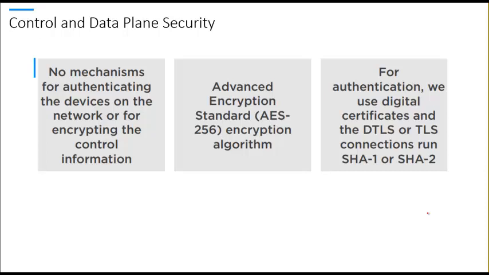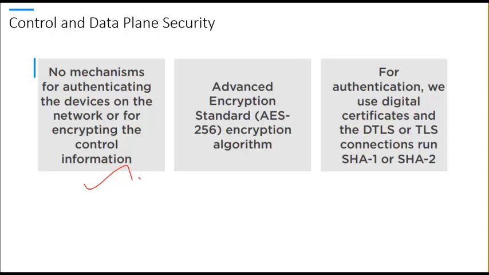I'm trying to explain this point again. In our traditional network, the control planes are handled by routing and switching protocols. If you take STP, that is the control plane protocol for layer 2.